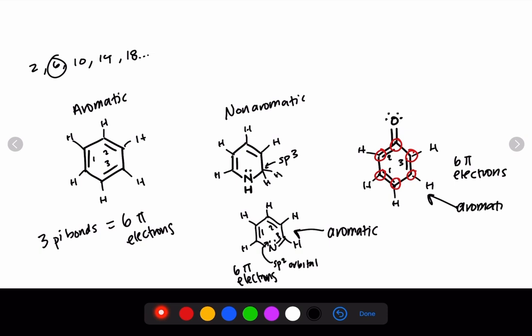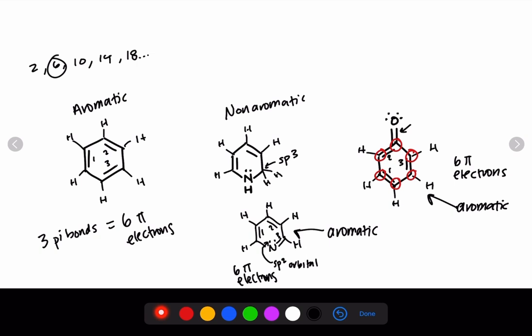It is important that you remember not to consider any atoms or their bonds that are outside of this conjugated loop, because if we did so, we would end up at the wrong answer. If we were to consider that oxygen, then we would say the oxygen also has a pi bond, and that would add 2 more pi electrons to our count that we would say are circulating throughout this conjugated loop.